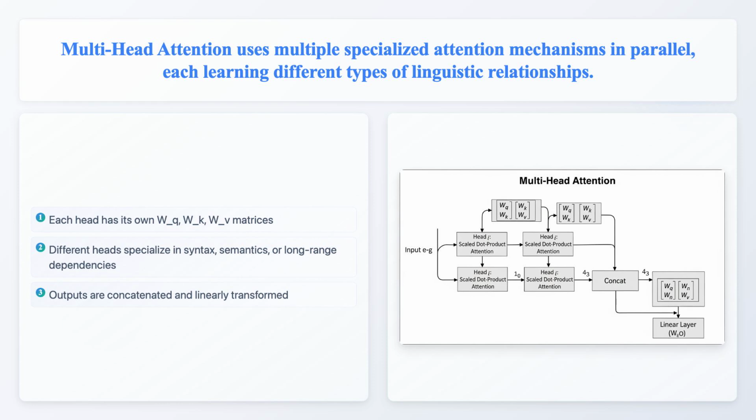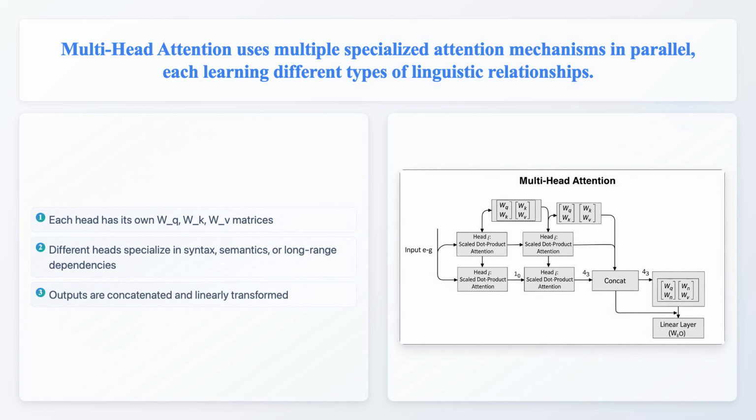The mathematical formula becomes MultiHead(Q, K, V) = Concat(head_1, ..., head_h)W^O, where each head_i = Attention(QW_i^Q, KW_i^K, VW_i^V). Typically, models use 8, 12, or 16 heads. GPT-3 uses 96 heads in its largest layers.